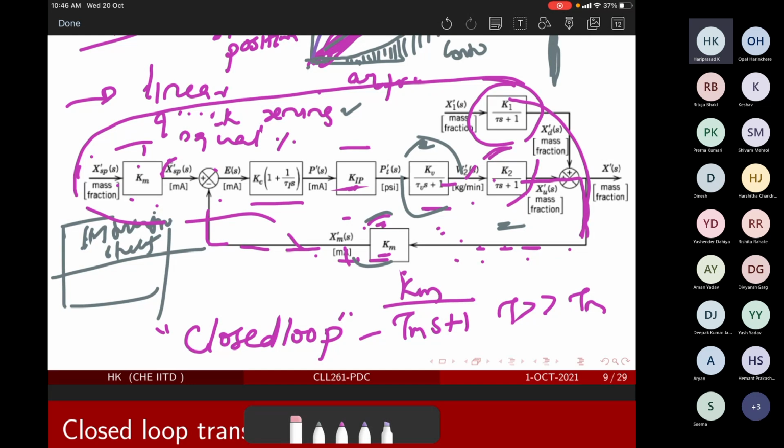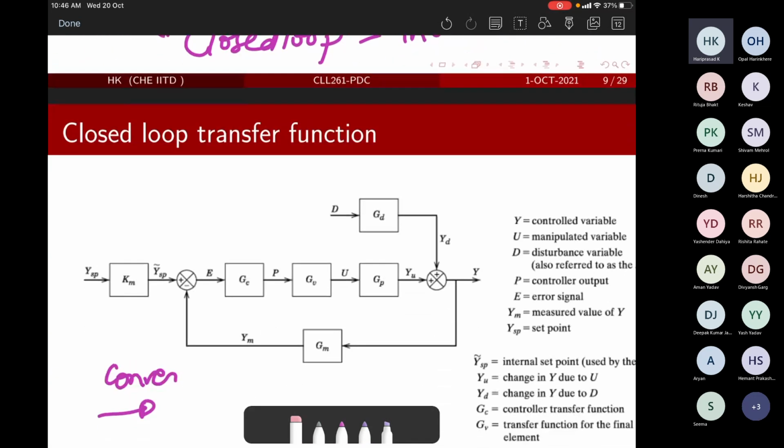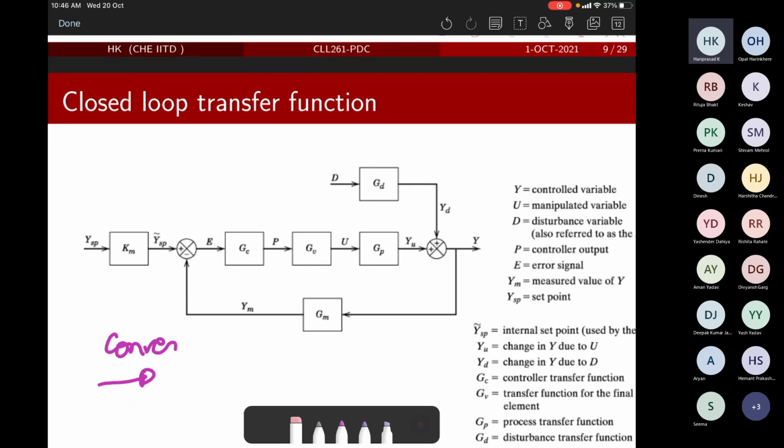And what is the problem here? Let me tell you, the problem comes when, so now let me go to some notations. GP is the process, GV is the control valve, V stands for valve, GC is the controller, GM is your measurement, which is the sensor.